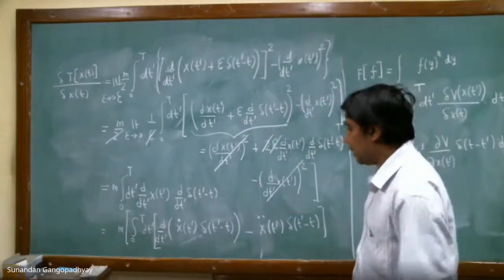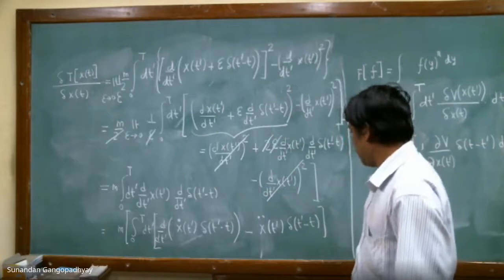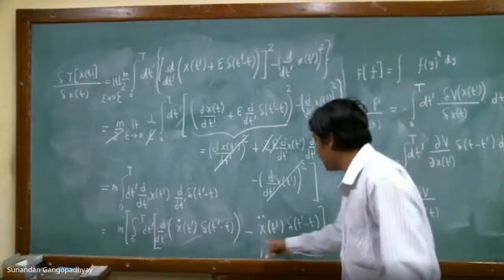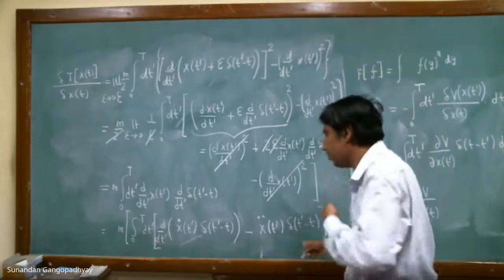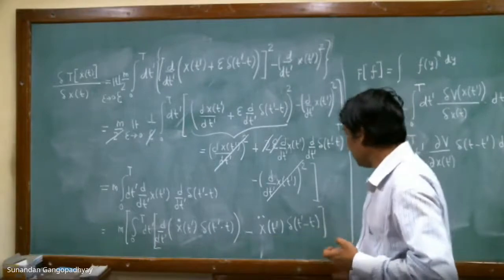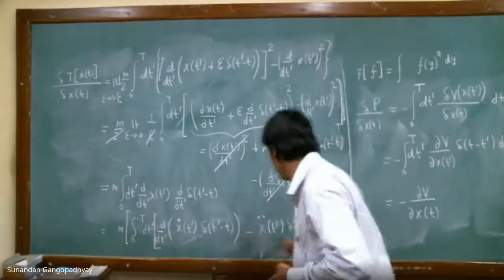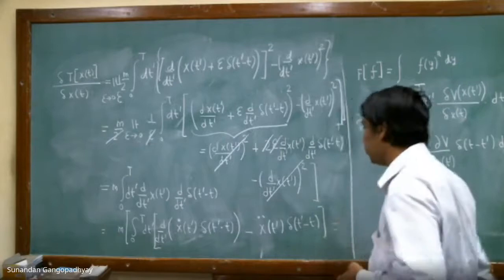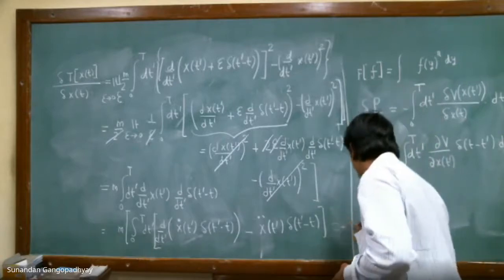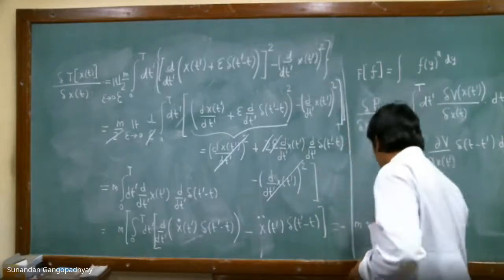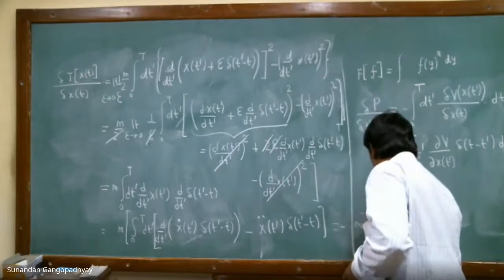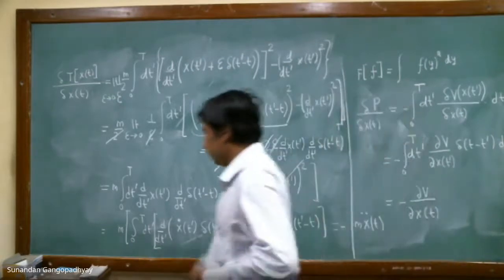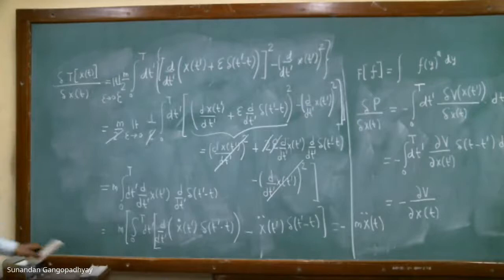So that term will go out. What will remain is only this one. This is the term which remains, and therefore you can integrate this delta function term. If you integrate this, what we shall have is minus m x double dot t. So this is what we have.